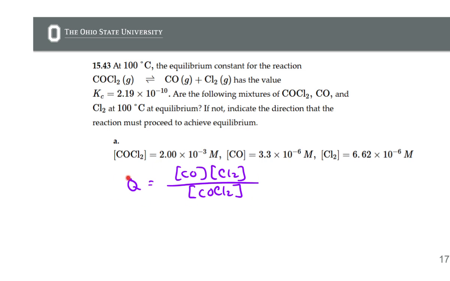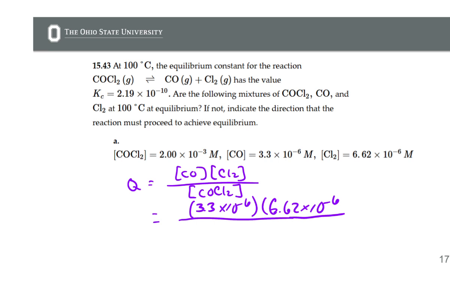We're going to plug these values into our expression for Q. Q is just given by the concentration of products over reactants raised to their stoichiometric coefficients. So we'll put in carbon monoxide, 3.3 times 10 to the minus 6, chlorine, 6.62 times 10 to the minus 6, and then COCl2, 2 times 10 to the minus 3.